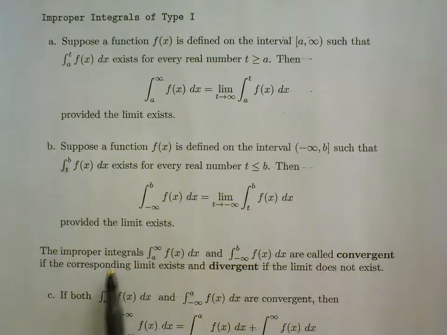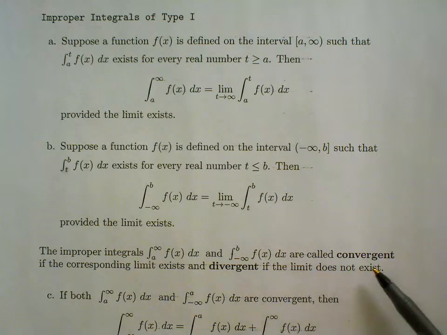Okay, so the improper integrals, the first one of f of x dx from a to infinity, and the other one, the improper integral of f of x dx from negative infinity to b, they are called convergent if the corresponding limit exists, and they are called divergent if the corresponding limit does not exist.